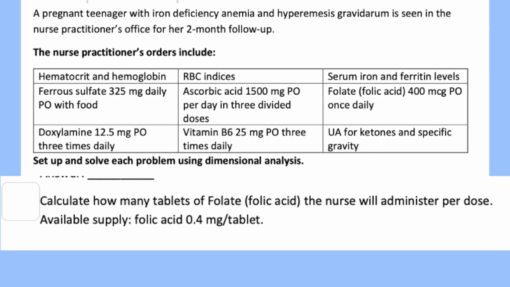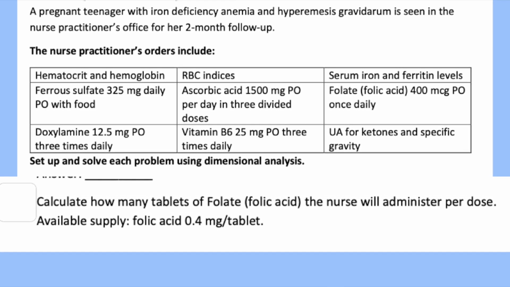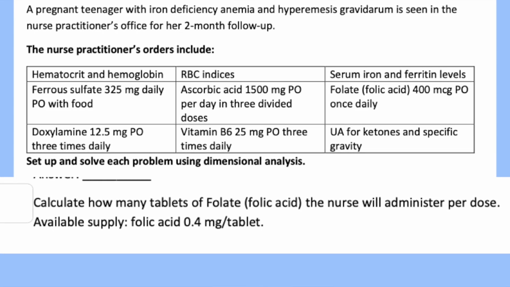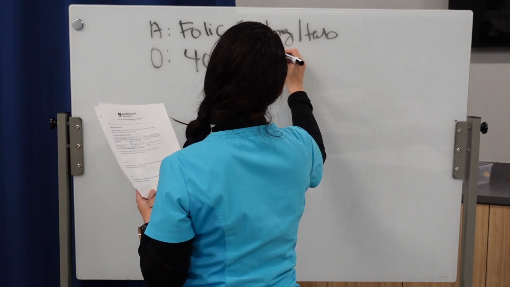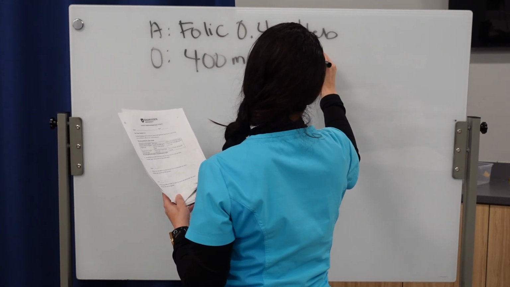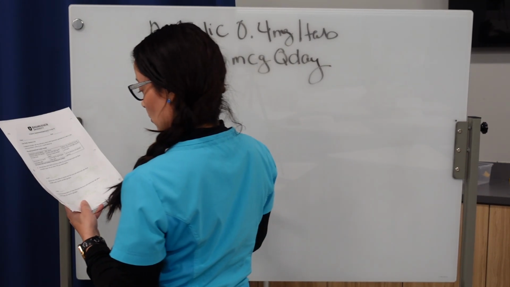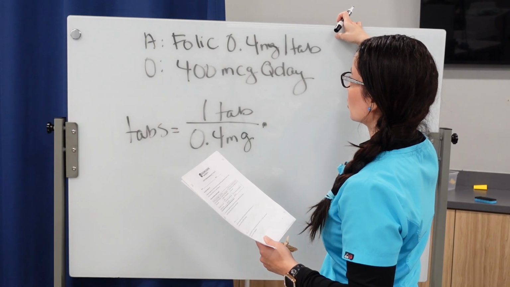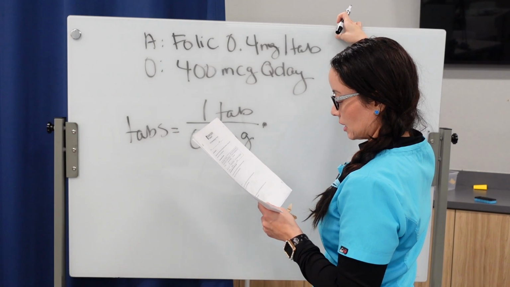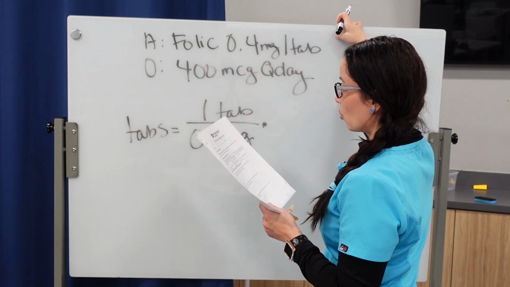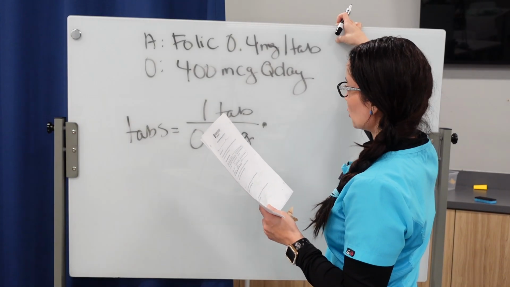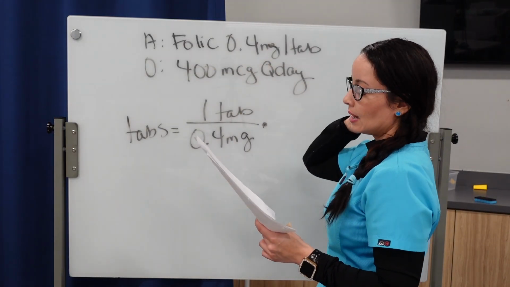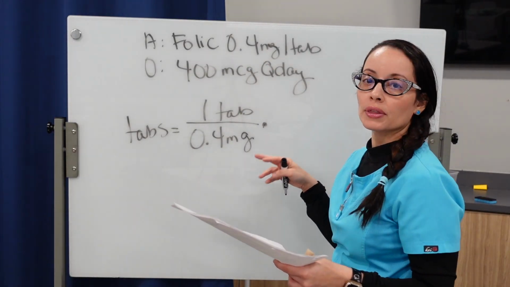And the order is 400 micrograms q day. So we're looking for tabs. The available is 0.4 milligrams per tablet, and the order is 400 micrograms. So you see that there's different units of measurement. That usually means there's going to be a conversion.